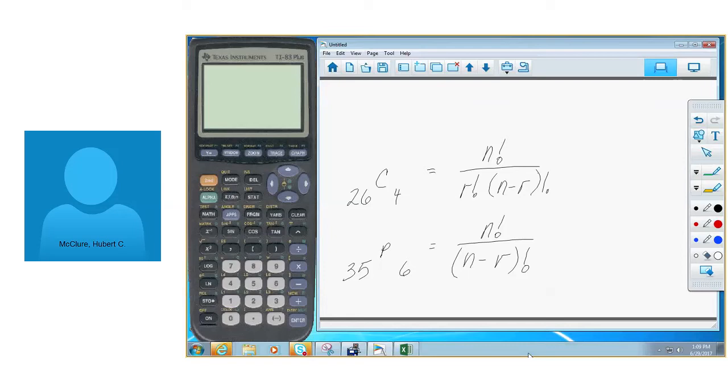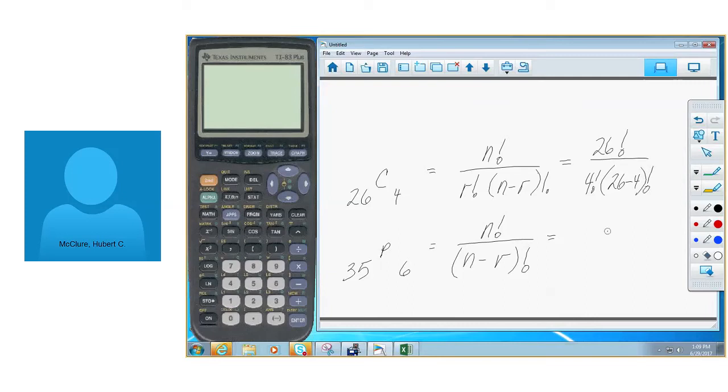Now, I'll do this much for you because I don't think y'all can do this, so I'll do it for you. Plug in the numbers. 26 over 4 factorial times 26 minus 4 factorial. That's the hard part.